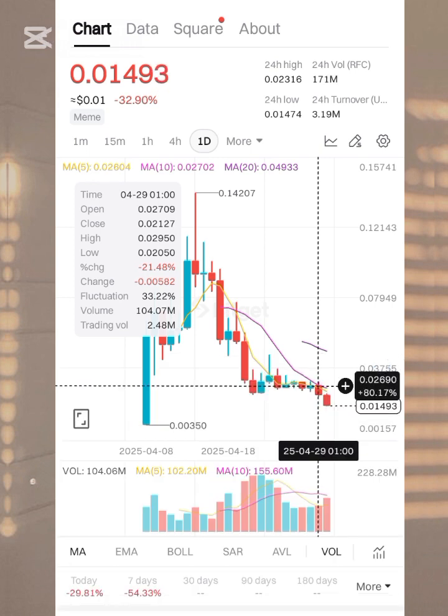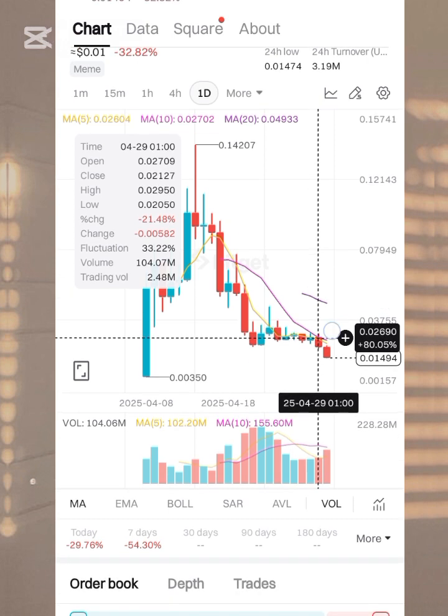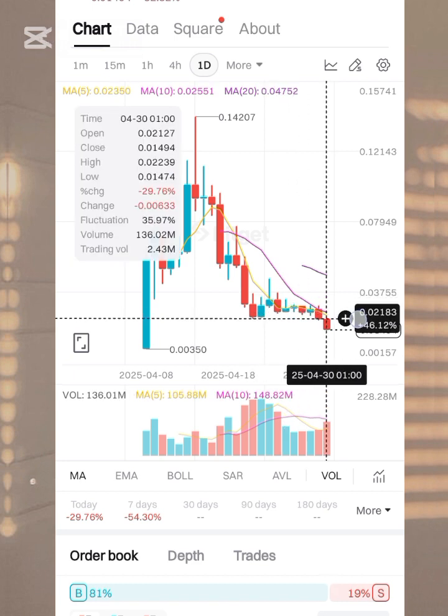So you can see the distance it fell from. So we're expecting it, even if it retraces back to this resistance, because here is a resistance zone. I'll have a separate video for the technical analysis so you understand what the resistance and support zones are.